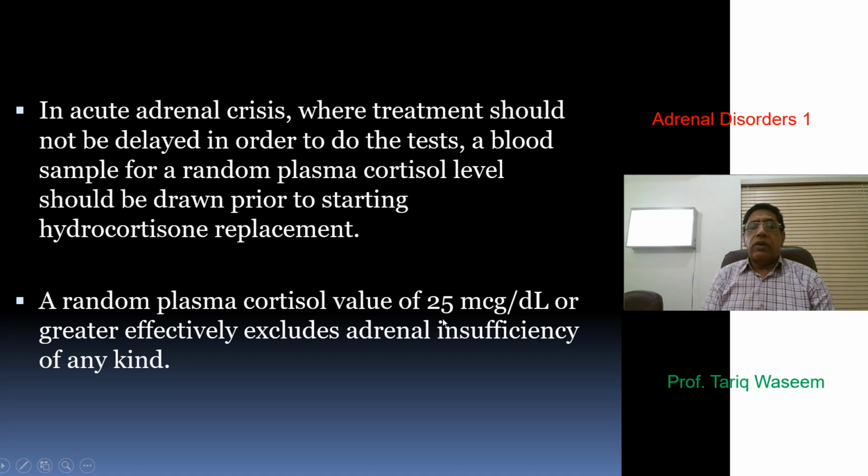A random level of 25 microgram per deciliter in a patient who is hypotensive or in shock or suspected of hypocortisolism or Addison should exclude adrenal insufficiency of any kind. So if you go for a random check of serum cortisol level and this level is more than 25 microgram, it means that his adrenals are functioning normally and further testing may not be required.